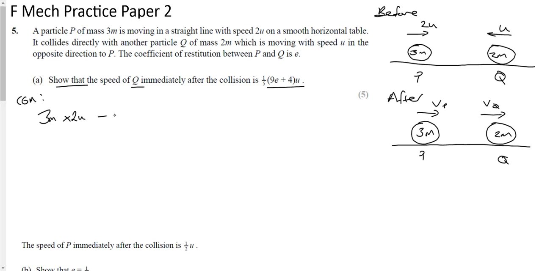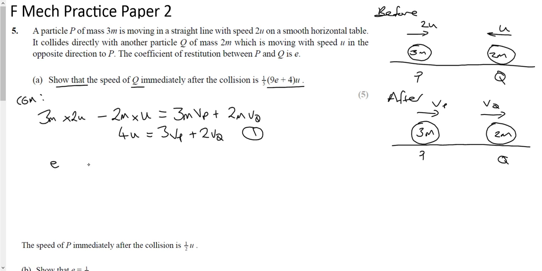Now Q is moving in a different direction, so that's going to be 2m times u subtract, and that's going to be equal to, so now they're both moving in the same direction, 3m velocity of P plus 2m velocity of Q. And then I can simplify that down. Okay, so there's my first equation.